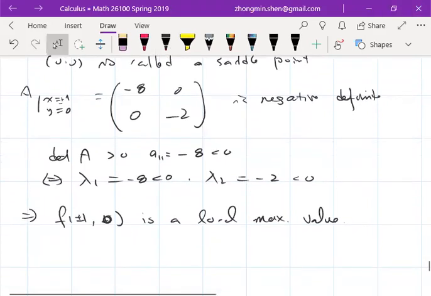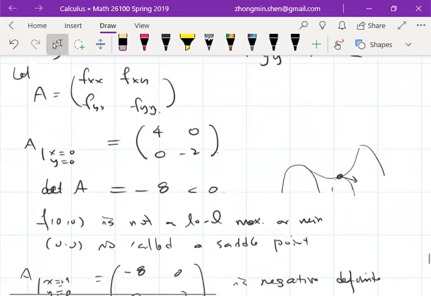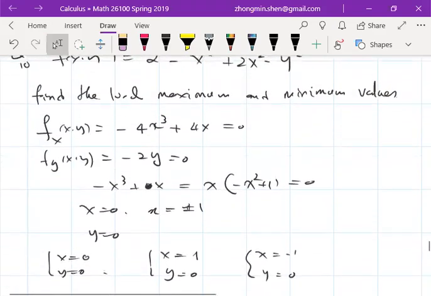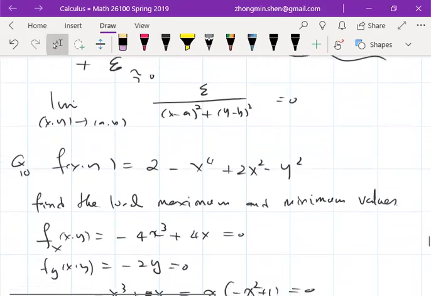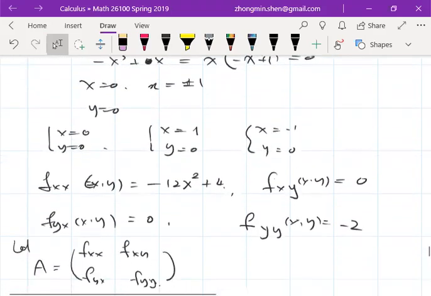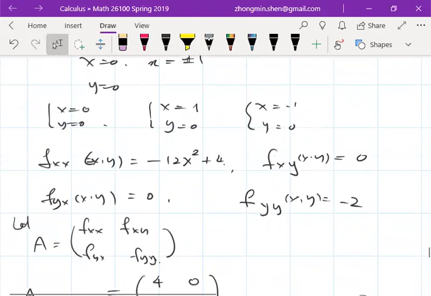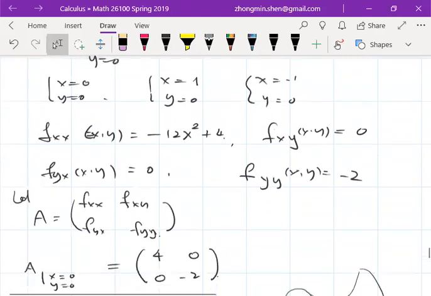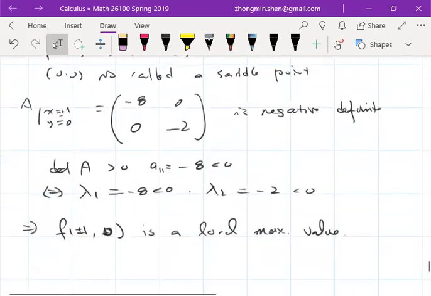So you can calculate the value even. When y equals 0 and x equals plus or minus 1, I forgot my original function. Okay, the original function is here, from the book. So let's look at the value of this function.